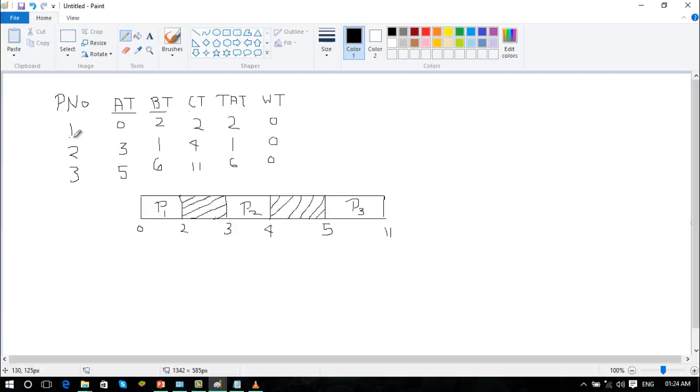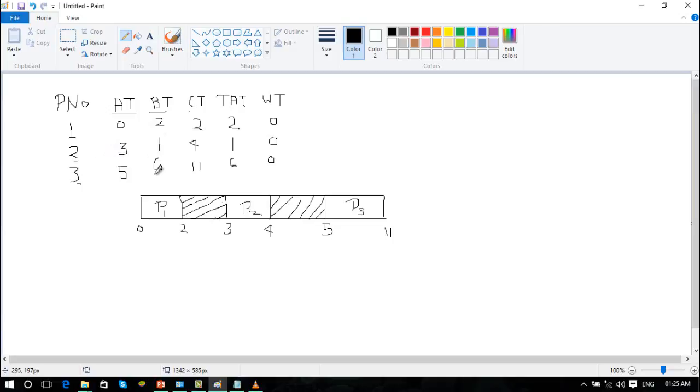P1 has arrival time 0 and burst time 2. P2 has arrival time 3 and burst time 1. P3 has arrival time 5 and burst time 6.